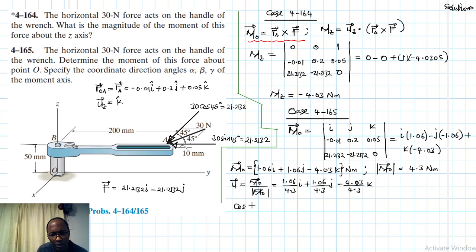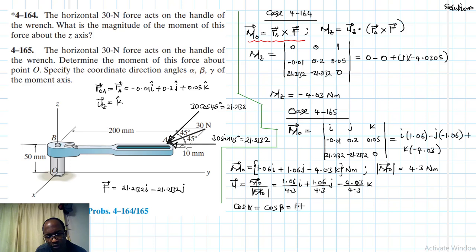Then cos alpha, being the angle between the moment itself and the positive x-axis, is going to be equal to cos beta. They have the same values.